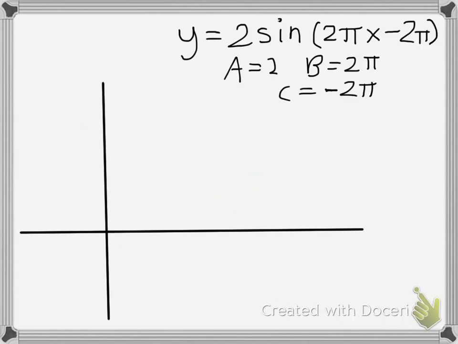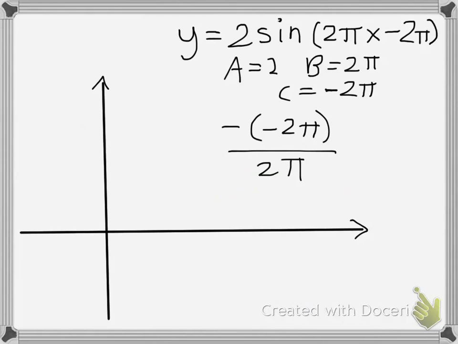So let's begin by drawing where the wave starts. The wave starts at minus c over b units from the origin. So minus c over b is minus minus 2 pi divided by b, which is 2 pi. Now that's just positive 2 pi divided by 2 pi, which is just 1.